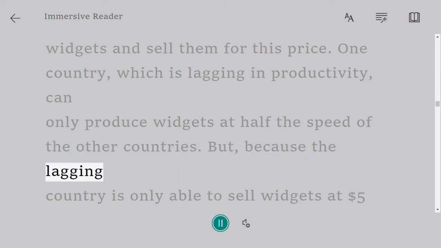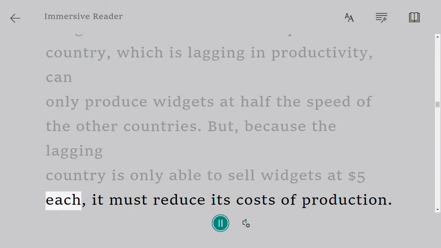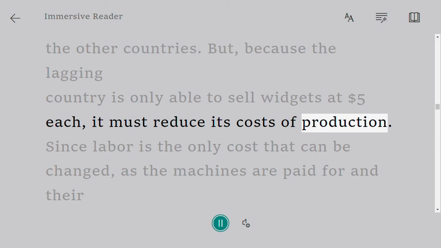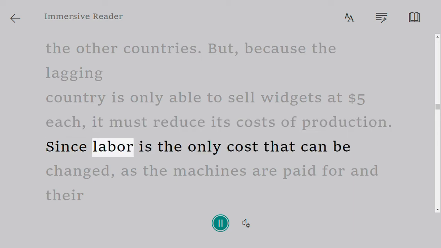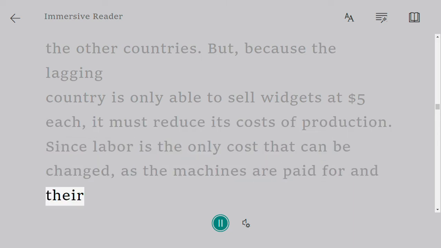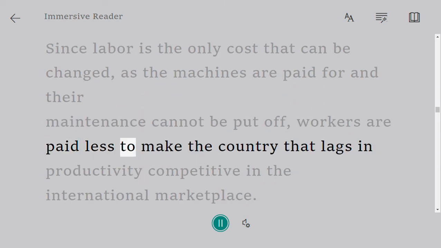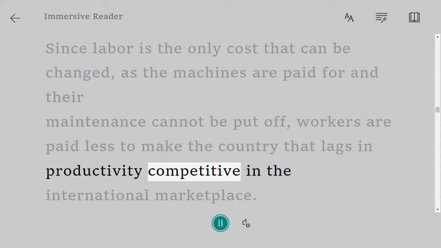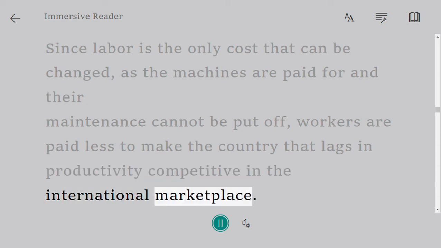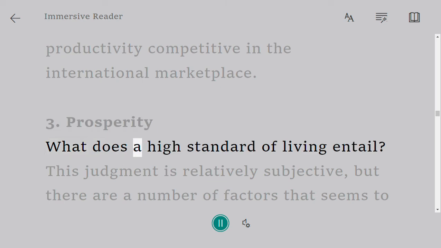But, because the lagging country is only able to sell widgets at $5 each, it must reduce its costs of production. Since labor is the only cost that can be changed, as the machines are paid for and maintenance cannot be put off, workers are paid less to make the country that lags in productivity competitive in the international marketplace.